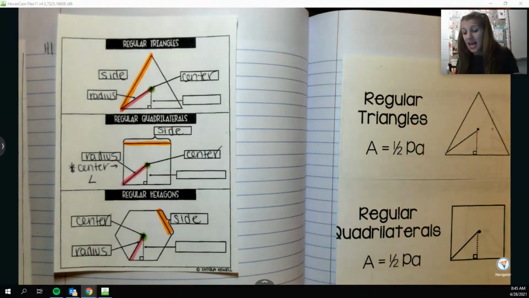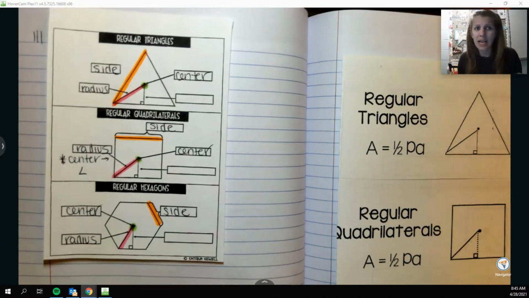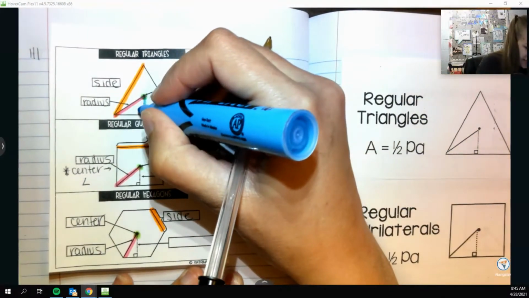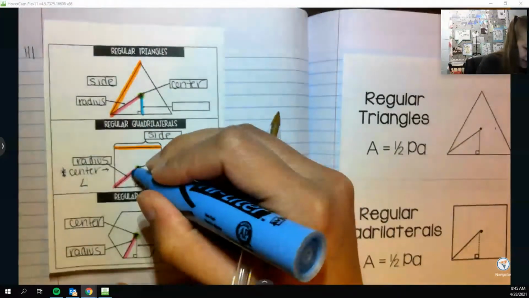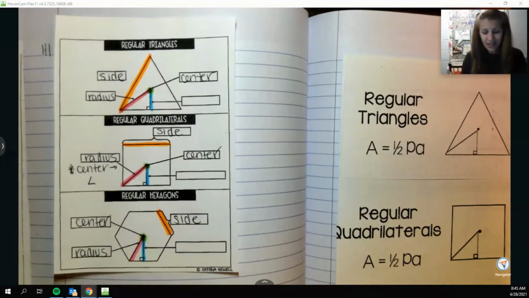Okay. And then the last one that I have for you here is the newest one. Obviously we know a side. We understand what a center is in terms of a circle and what a radius is. Now we're just putting them inside other shapes. But this last one is super new. So this right here on all of these shapes kind of looks like a height.